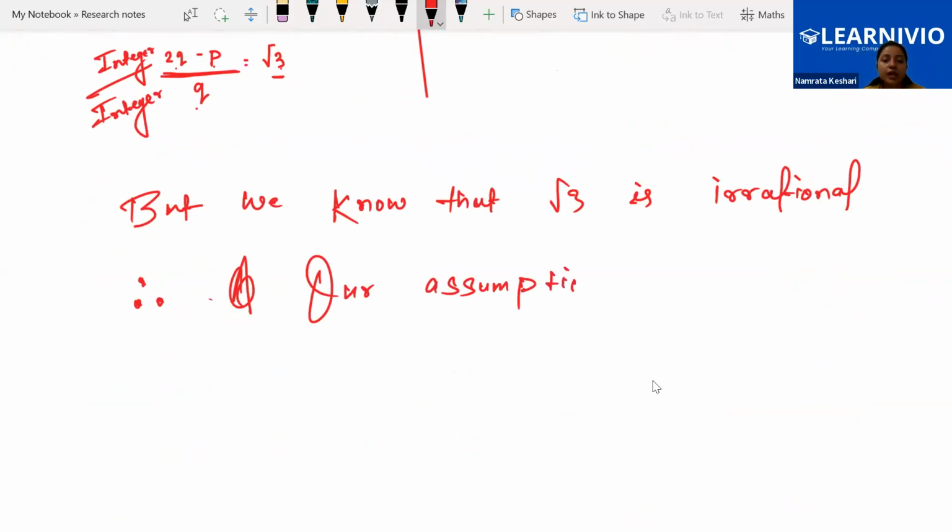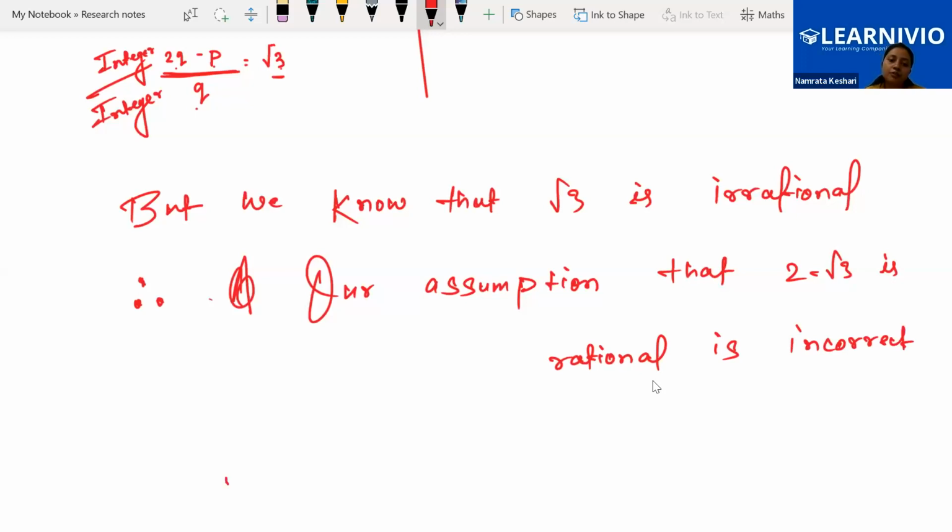Don't worry, I am summarizing it: our assumption that 2 minus root 3 is rational is incorrect. Therefore, hence it is irrational.